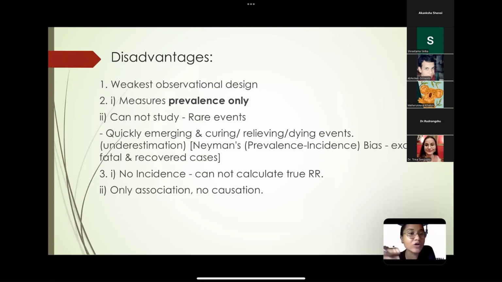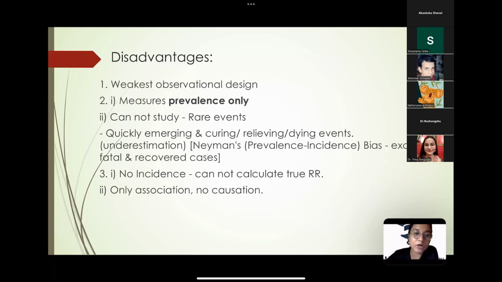We do not know from where it was generated. Yes, there are methods for that, needing very high statistical calculation, but random error generally we cannot eliminate. But the systematic error can be eliminated by taking meticulous steps during the conduction of the study. So this is the concept of error and bias in any epidemiological study.